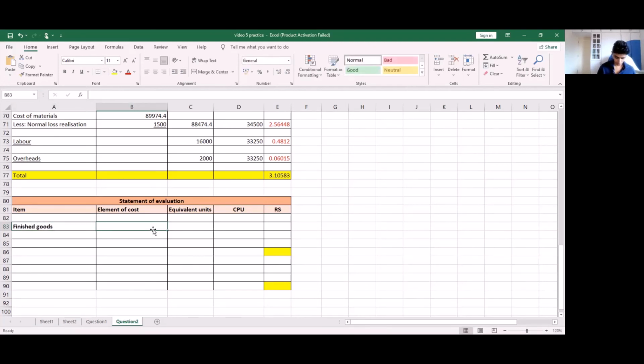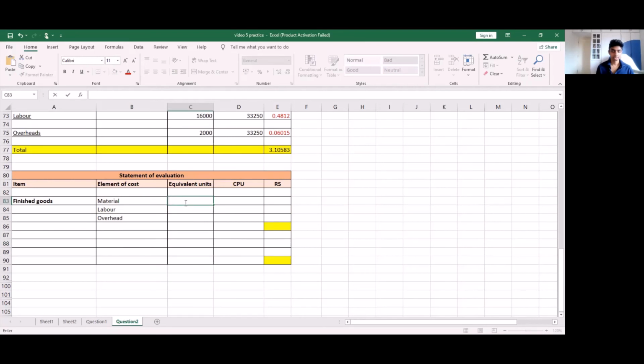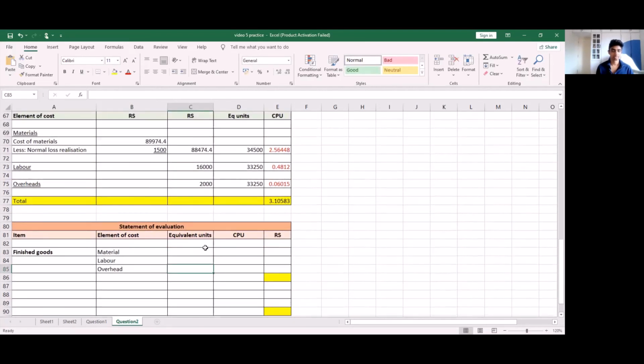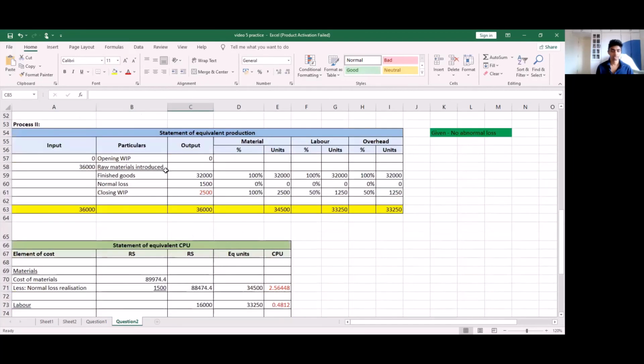Element of cost will be material, labor, and overheads. Equivalent units we will take from our statement of equivalent production. For finished goods materials, our equivalent units is 32,000, and so is the case for labor and overheads.